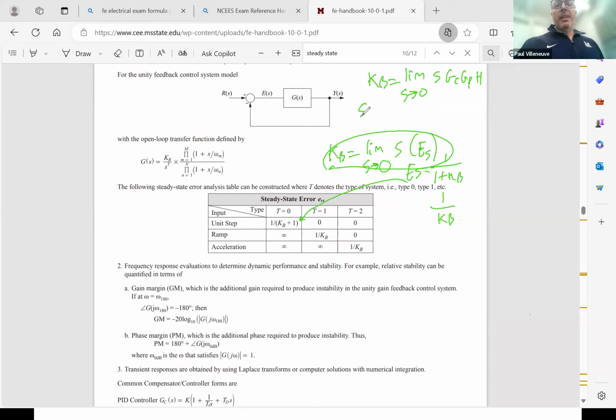If I multiply s times k sub b, then I end up with k sub v. That becomes the limit as s approaches 0 of s squared G sub c G sub p times H, because I'm just taking the derivative. So if I know what one of them is, then I can get the other two.